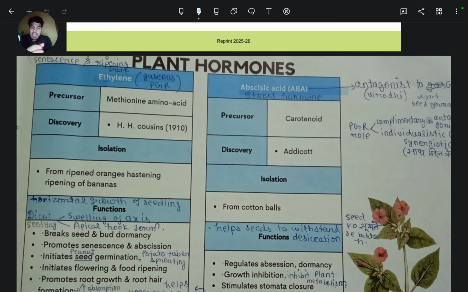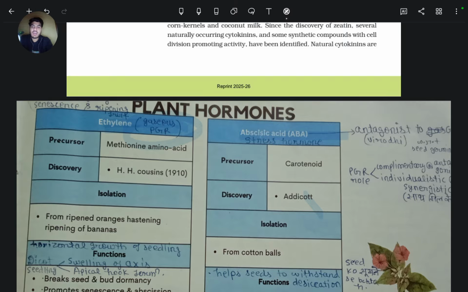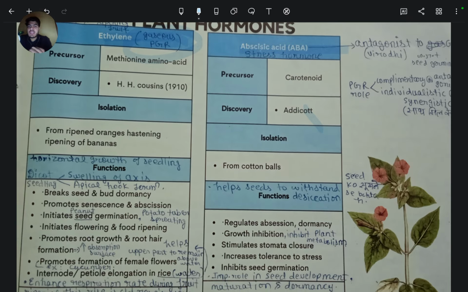Let's start with ethylene, which is a gaseous plant growth regulator, and it is produced by a plant part at the stage of senescence or by ripening fruit. Discovery was by H. Cousins in 1910. Isolation was from ripened oranges, hastening ripening of banana.